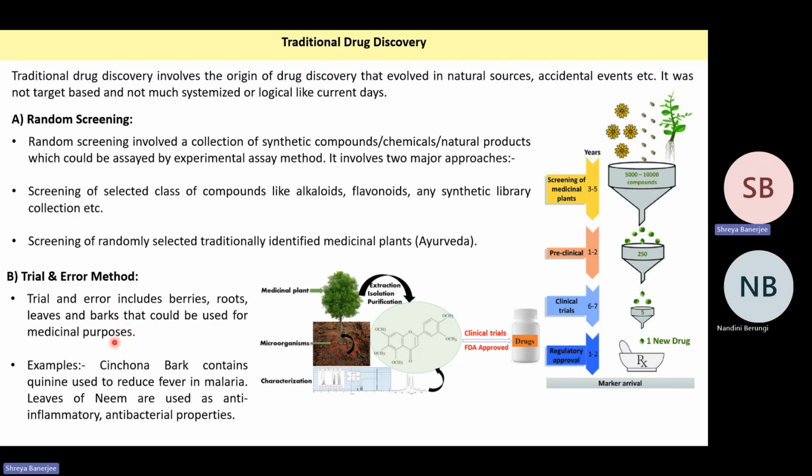So here what you do is that from the plant itself, you isolate the compound and characterize the compound by different spectroscopic methods. And then this compound is put through this process again. Now, this is a trial and error method because this is for the plants for which the activity is not known. So random screening is for the traditionally identified medicinal plants.